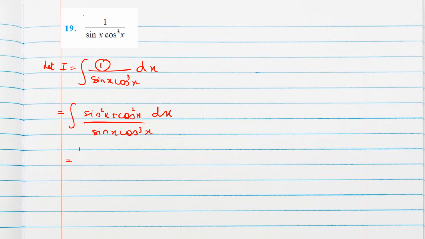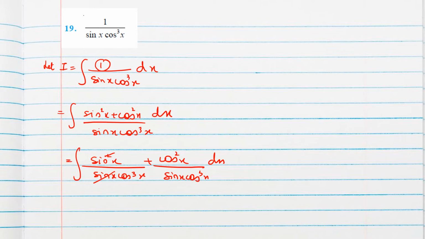Okay, now separate the denominator. So see, one sine will go, and here 2 cos will go. That means we are left with sine x by cos cube x, and here 1 by sine x cos x.